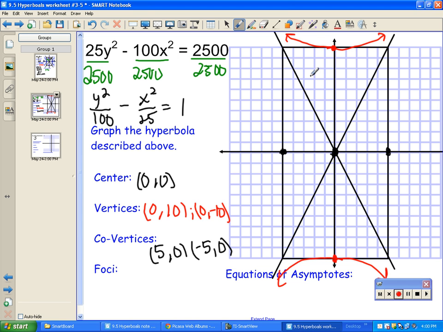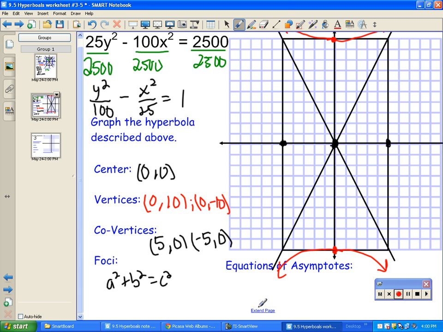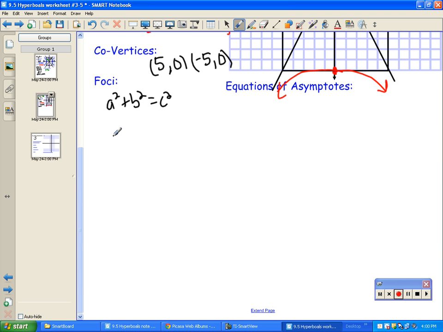Okay, so we know our focus is going to be somewhere up here and somewhere down here on the asymptotes, but we need to calculate what that is. So our foci, we're going to do a squared plus b squared equals c squared. Give ourselves some room. So a was 5, b was 10.